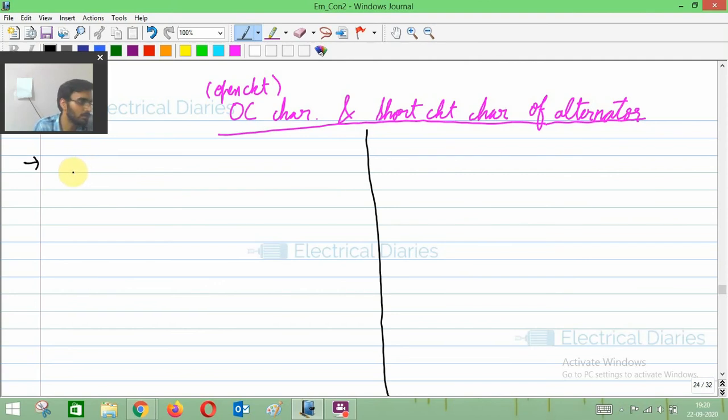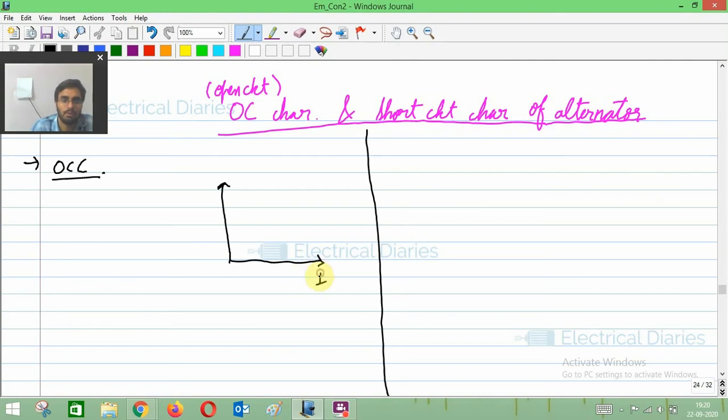So open circuit characteristics are always drawn by open circuiting the alternator and increasing the field current.